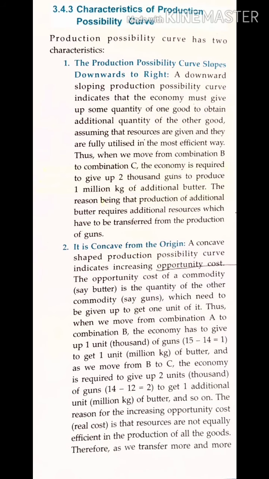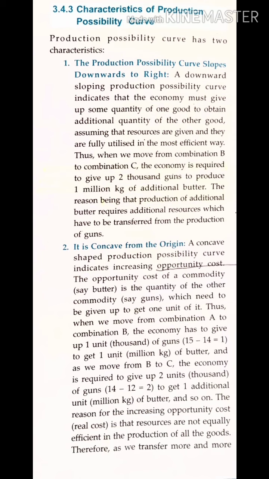Now let's understand the characteristics of production possibility curve. Okay. The production possibility curve slopes downwards to right. Fine. A downward sloping production possibility curve indicates that the economy must give up some quantity of one good to obtain additional quantity of the other good.